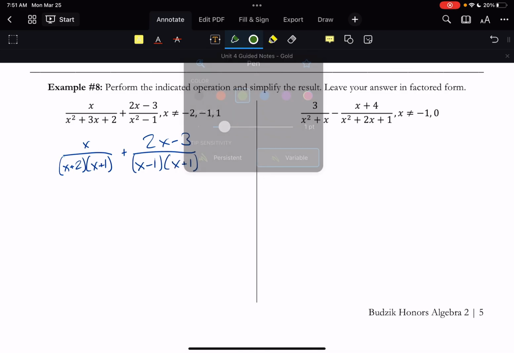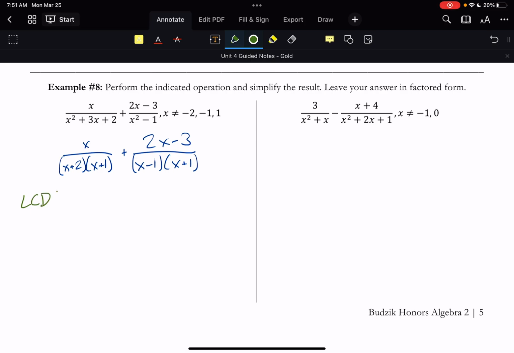So now what we want to do is identify the least common denominator, just like the least common multiple, okay? So I'm going to compare the two denominators of my rational expressions and find the least common multiple, which in this case, since we're working with rationals, is called the least common denominator. So I see in my first denominator, I have x plus 2 and x plus 1.